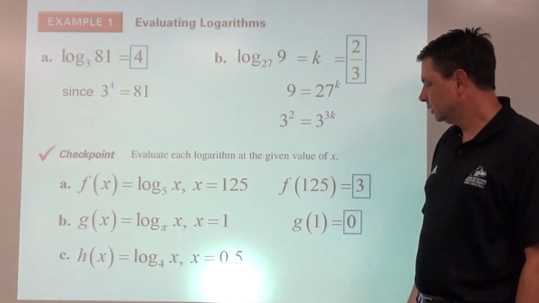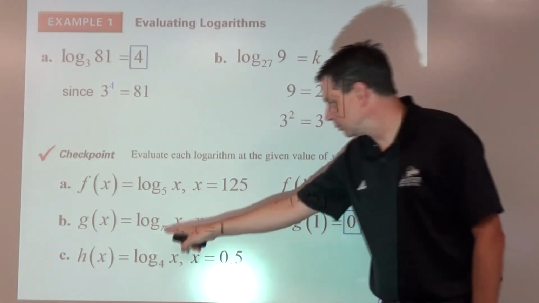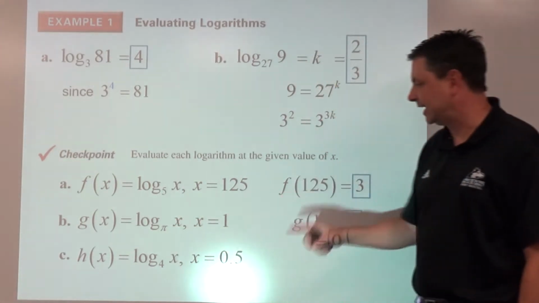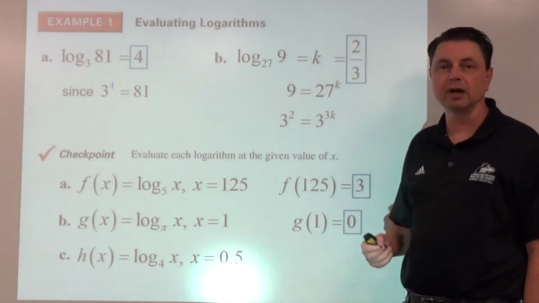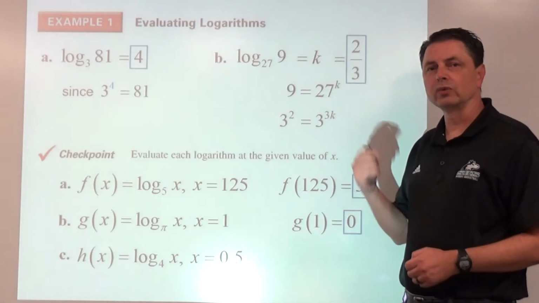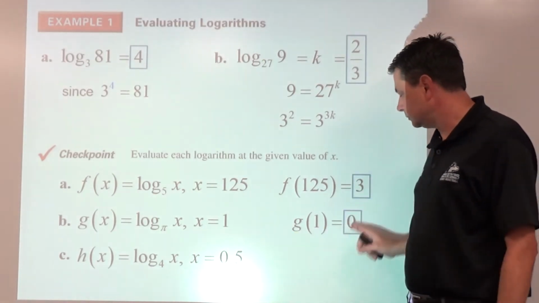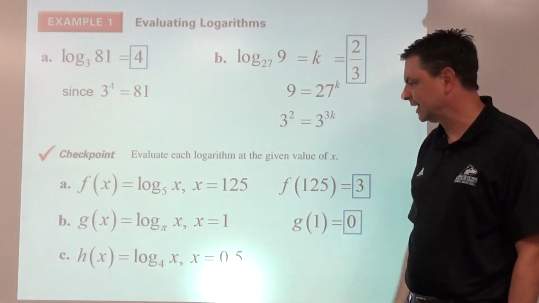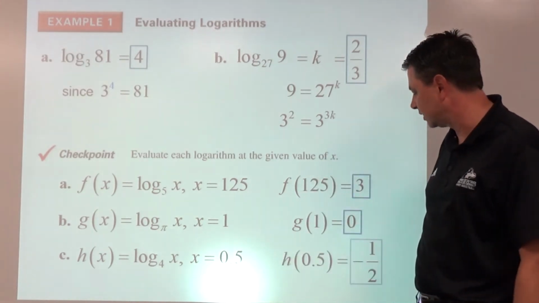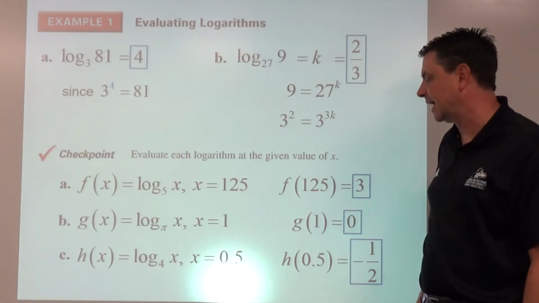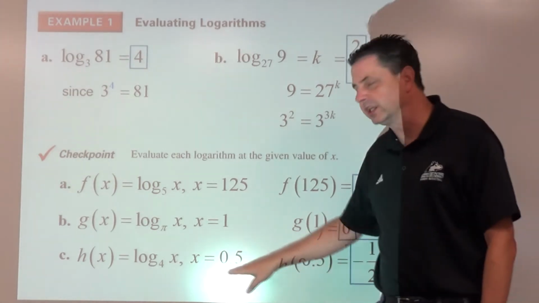Second one, g of 1, so log base pi of 1. Pi to what power is 1? Well, that's just the zero exponent property. Any number raised to the 0 power is always going to be 1. And last one, this one's a little challenging. You might need to write some work out on that one. That one turns out to be negative a half. The decimal is not really your friend here.